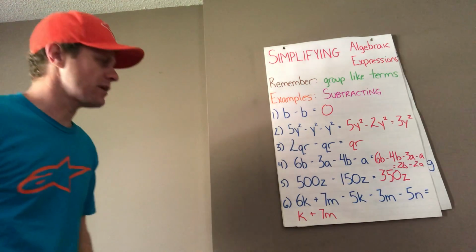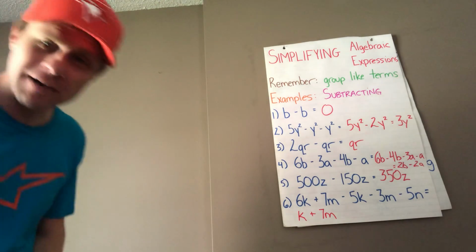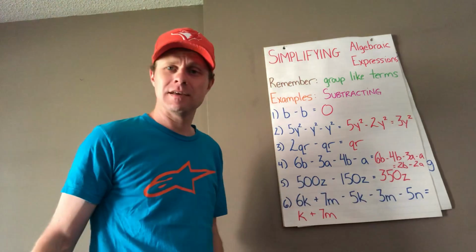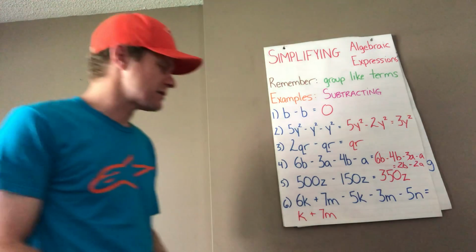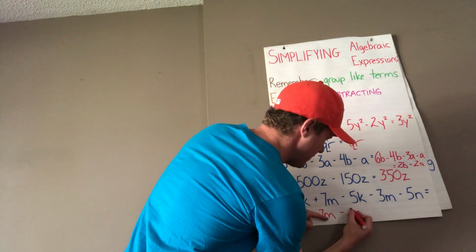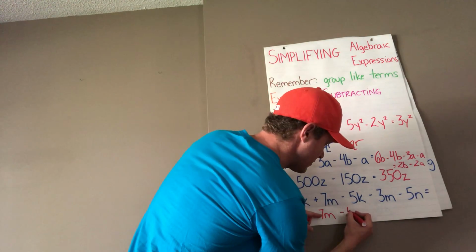So k plus 7m, but we still have the 5n left. And it is a negative sign, so we need to subtract it. So we need to add that minus 5n.